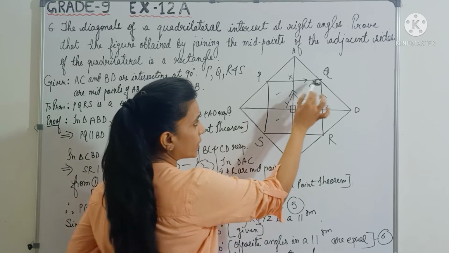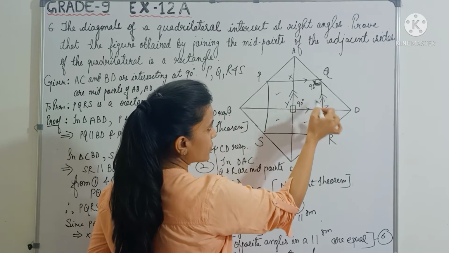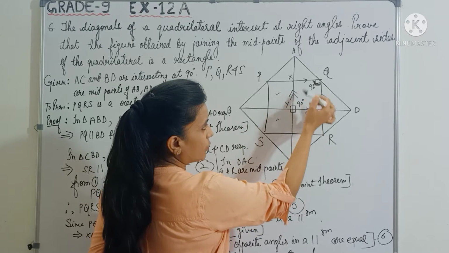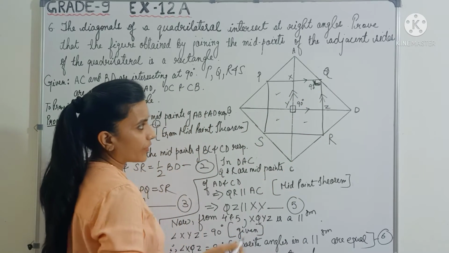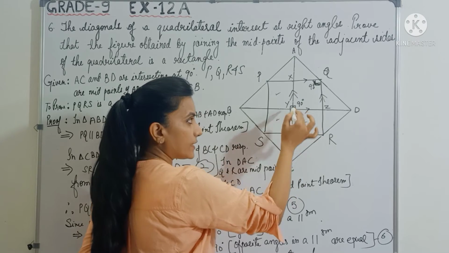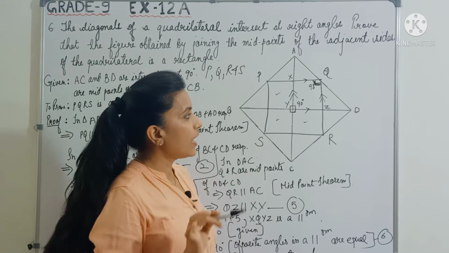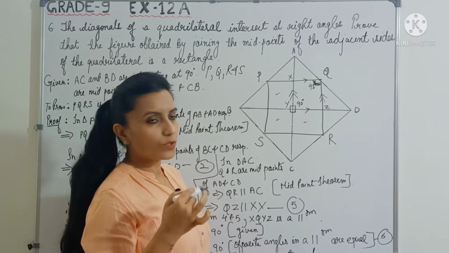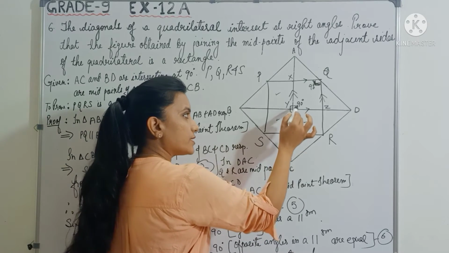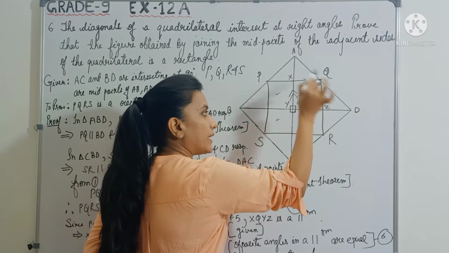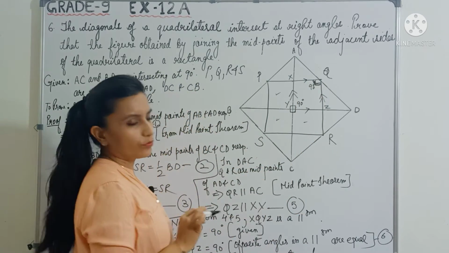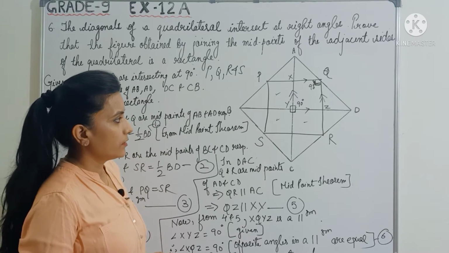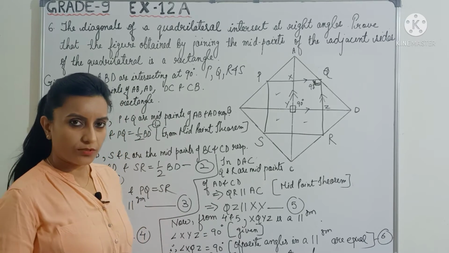Here we showed that the opposite sides are parallel to each other, and that this quadrilateral is also a parallelogram, and in a parallelogram the opposite angles are equal. Since this is 90 degrees, even this will be 90 degrees. So that's how we proved it, right? So let's move to the next question.